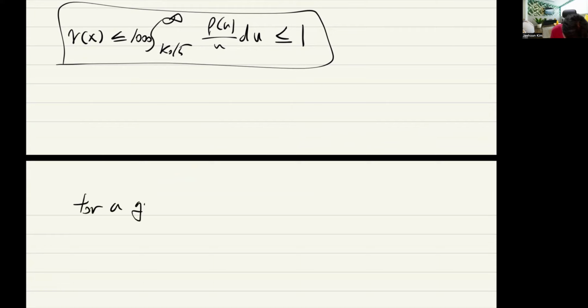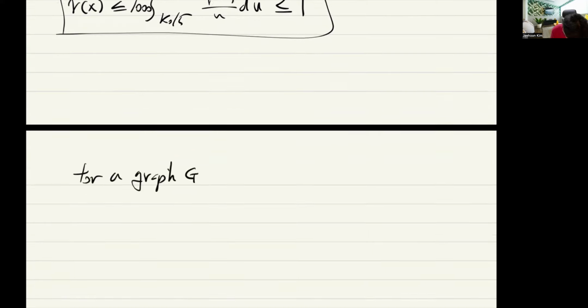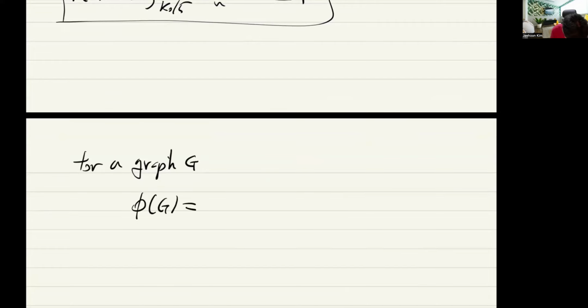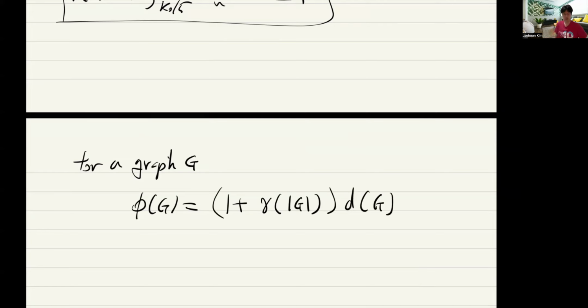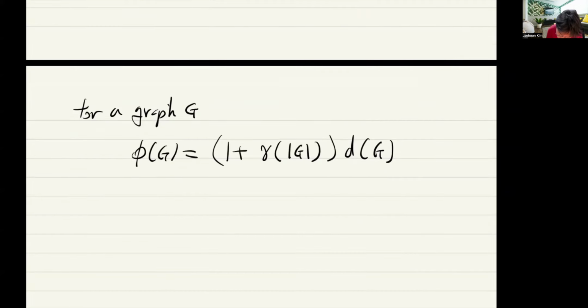Say for a graph G, we write pi of G is 1 plus gamma of the number of vertices in G, times the average degree of G. Okay, so what's the average degree? Average degree is the number of edges over the number of vertices.